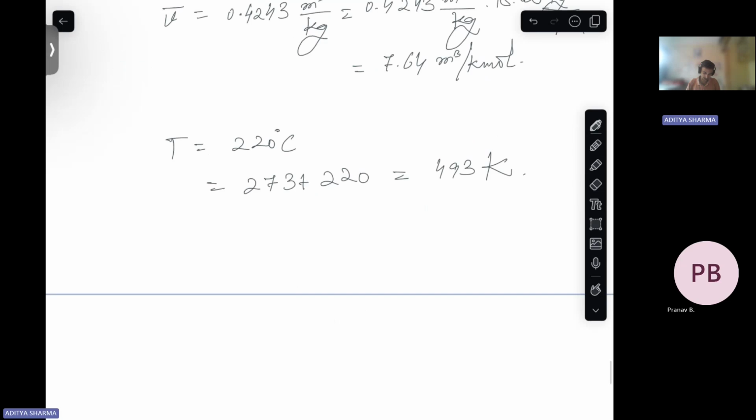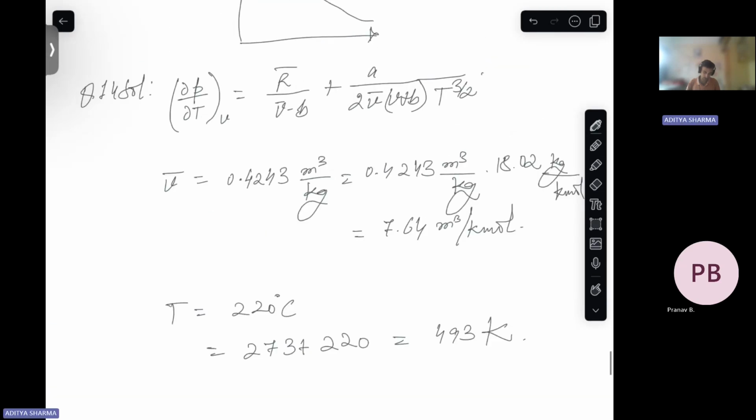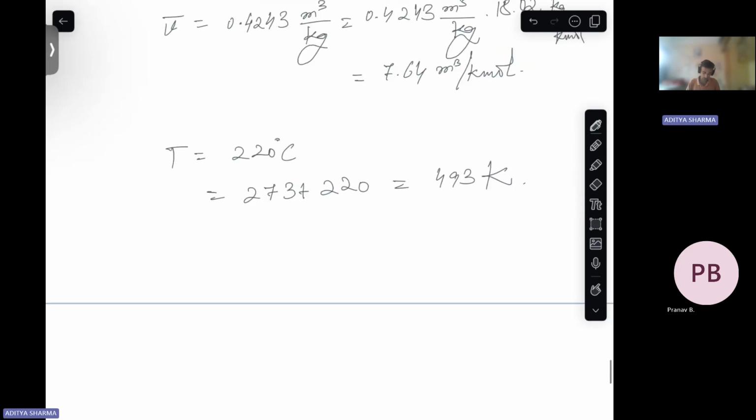So we can directly place dou P by dou T at constant... Why I'm solving this is because of what has been asked by the question. Okay, so from the Maxwell relation, that is equal to dou P by dou T at constant volume. So now we will just place the numerical values.